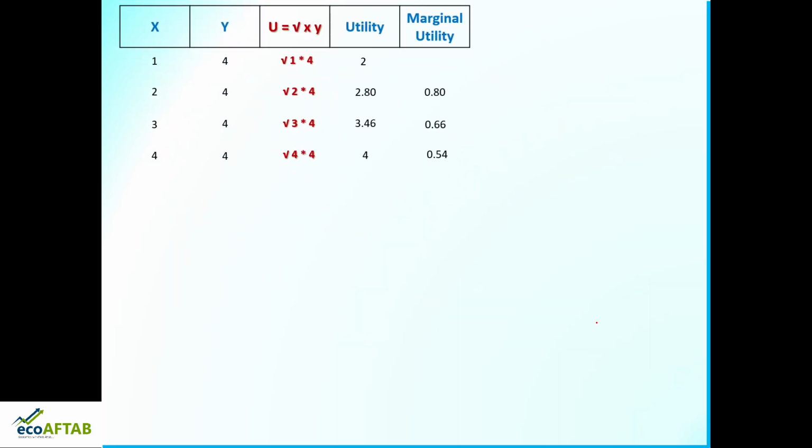The table I have kept as it is. Here in this panel you can see on the x axis I have taken the commodity X: 1, 2, 3, 4, and on the y axis I have taken utility.